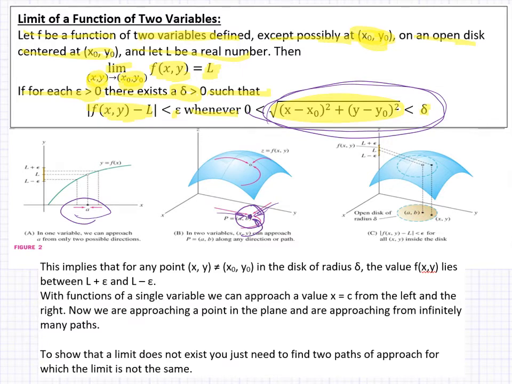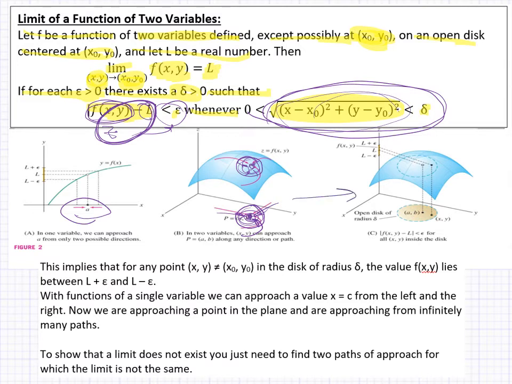And as we do that, as this delta neighborhood shrinks down and we get closer and closer to this point, the corresponding y values, the f of xy, which are our z's, remember, have to get closer and closer to L such that the difference between them gets very small, is less than epsilon. So then all these corresponding z values are getting closer and closer to this particular z value here.